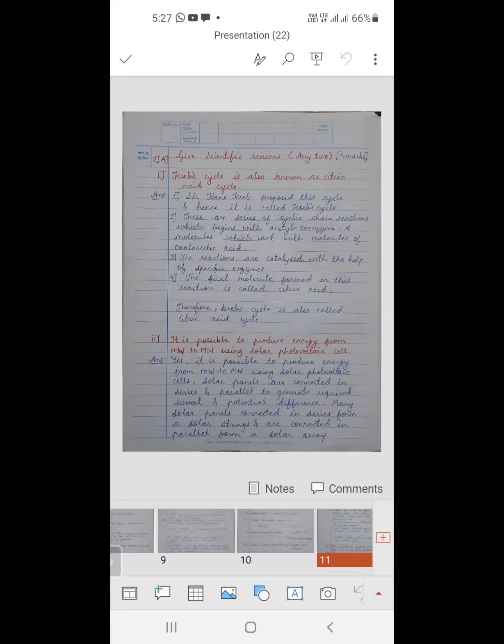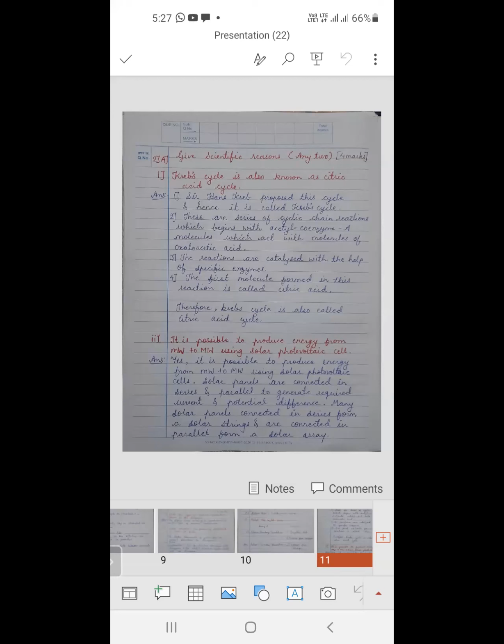Write answers point wise wherever it is necessary. If the answer doesn't require points, you can skip them. But if the answer needs points, then you have to write it point wise.